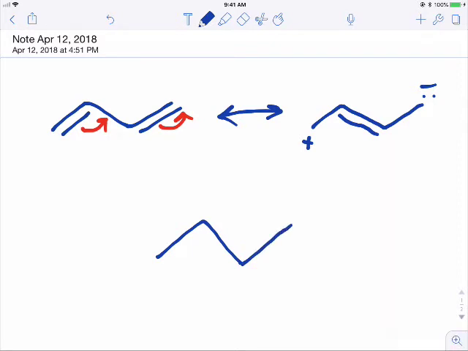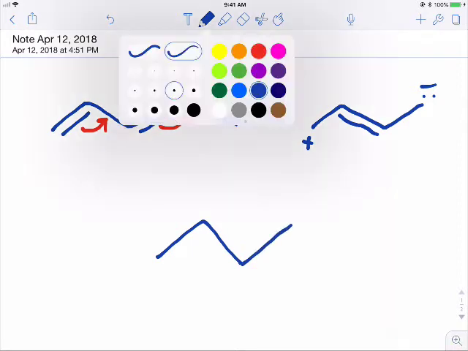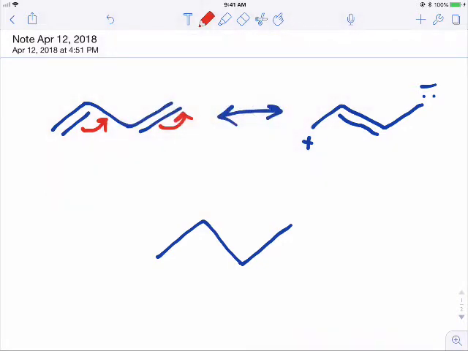Now, the structure on the right is less stable than the structure on the left. So we should have less contribution from that, but still some contribution. We can't ignore it completely. It is a valid structure, and so it should contribute to reality. But the structure on the left is a better picture. So let's give our structure on the left more weight.